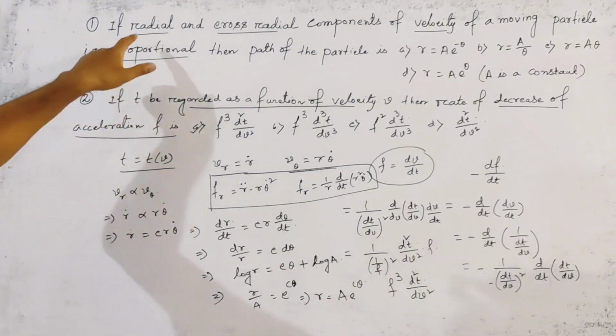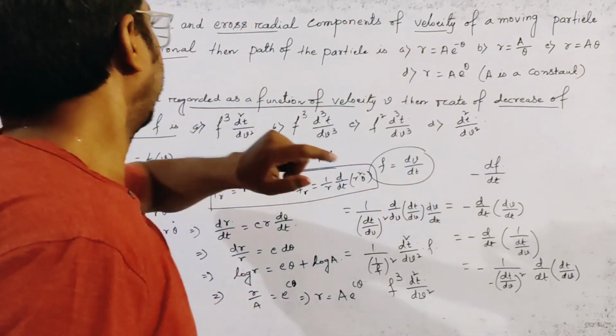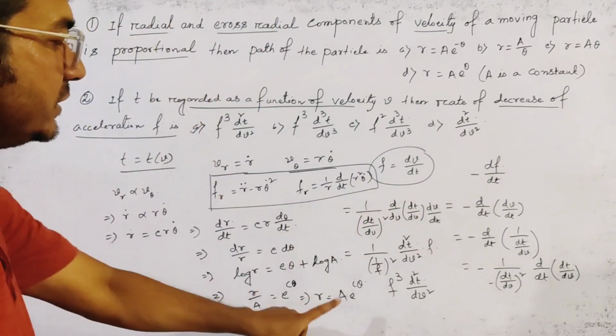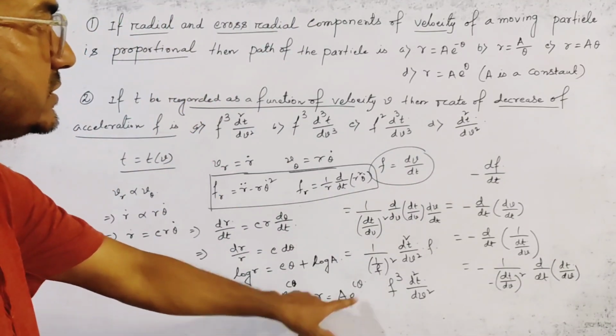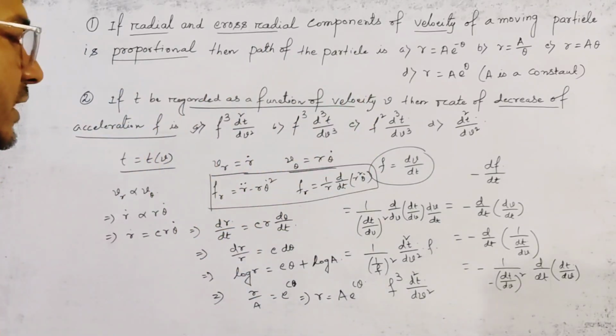Now it is given that radial and cross radial component of velocity of a moving particle is proportional. Then the path of the particle is, this option is not there; A, B, C, D, this type of option is not there.